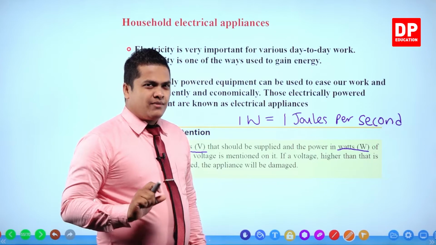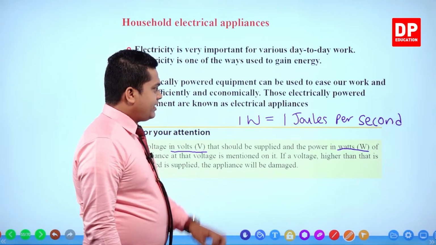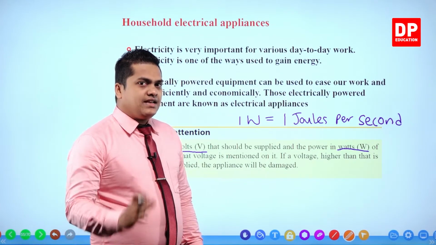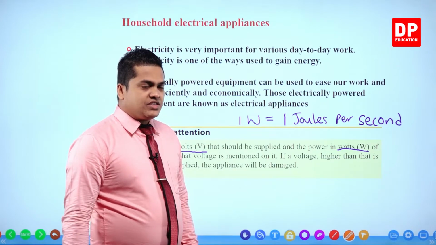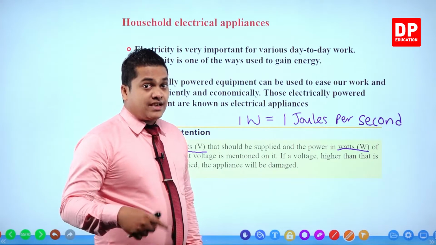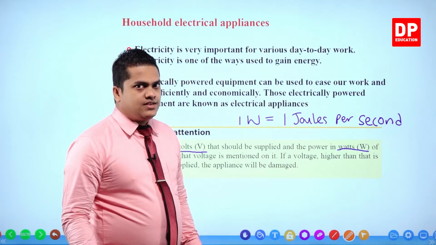In simple terms, if an electrical appliance has 1 watt of power, then it is going to consume 1 joule per second. Per each second, it consumes 1 joule. Then for 60 seconds, 60 joules.